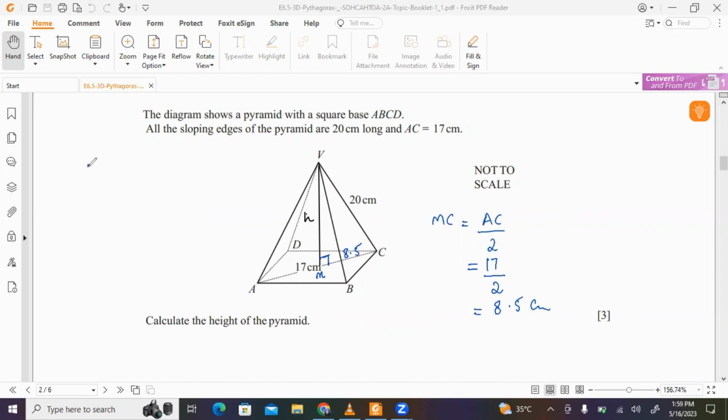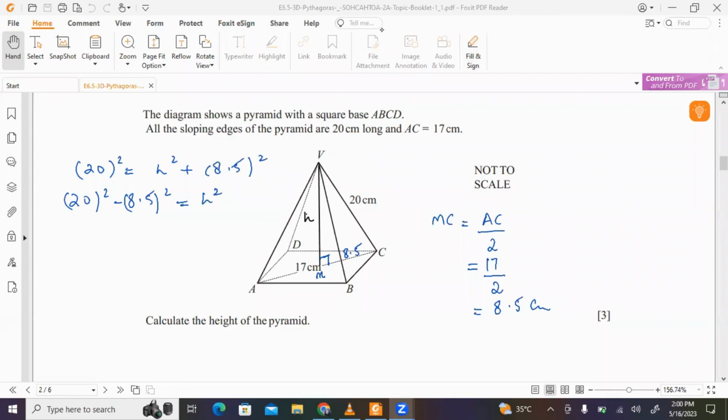I'm going to do 20 squared equals VM squared, or height squared, plus 8.5 squared. So 20 squared minus 8.5 squared equals height squared.